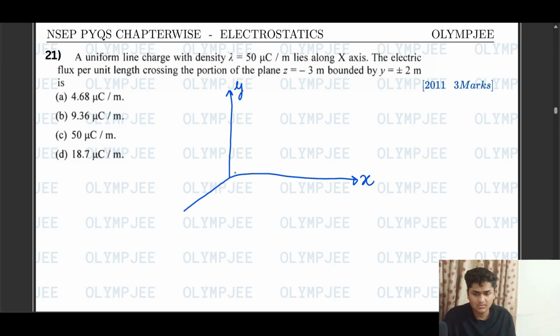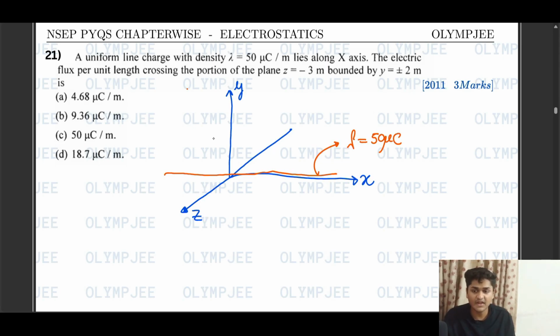So this would be z-axis and uniform line charge with density rho is equal to 50 microcoulombs per meter lies along the rod. So this is the rod and this has rho equal to 50 microcoulombs along the x-axis.